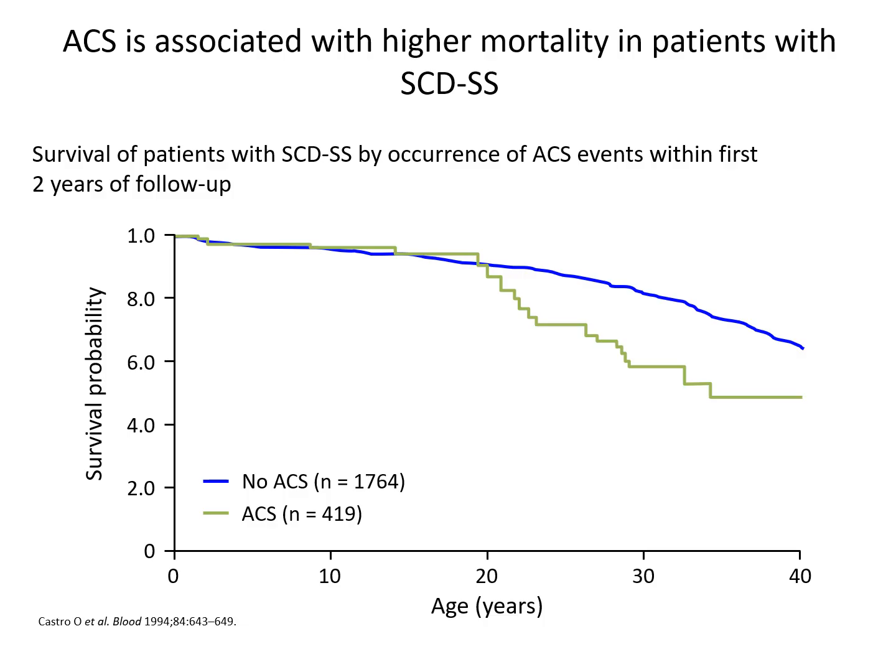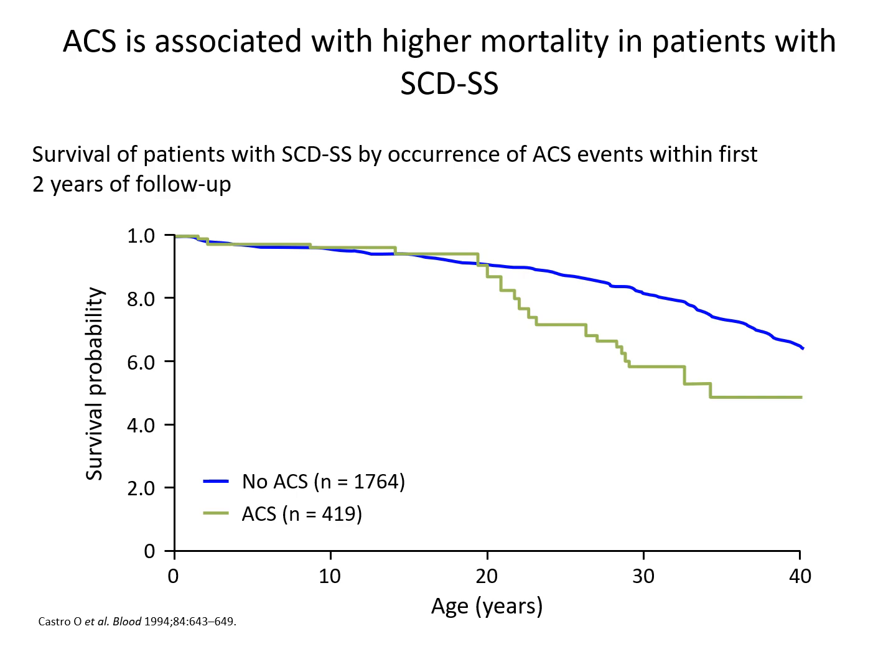And you can see that the patients who had recurrent episodes of acute chest syndrome had a worse survival. Now, I do not want to go into the acute management, but these patients need judicious hydration, blood transfusions, and of course, antibiotics to cover possible infections, including chlamydia, mycoplasma, strep pneumo, and so on.